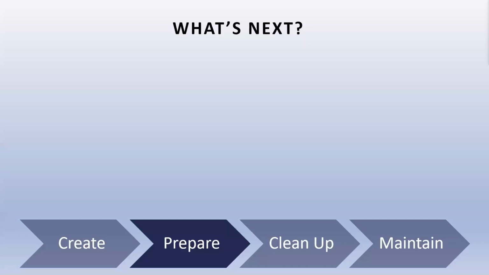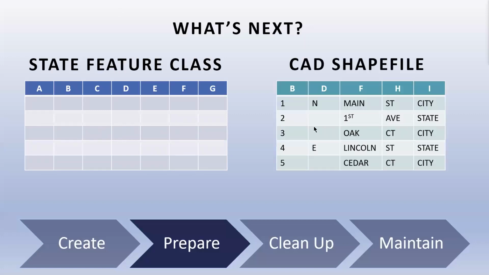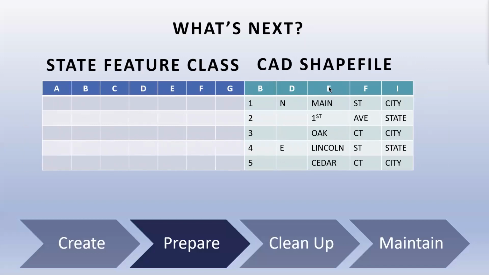So that is good. I will probably blow through this because you guys have probably already done this for your layers. But what we have found is the best method for converting this data into the required schema is to merge your empty state feature class with your, let's say in this instance, CAD shapefile, and merge those into one. And now you've got all those fields together in one feature class.